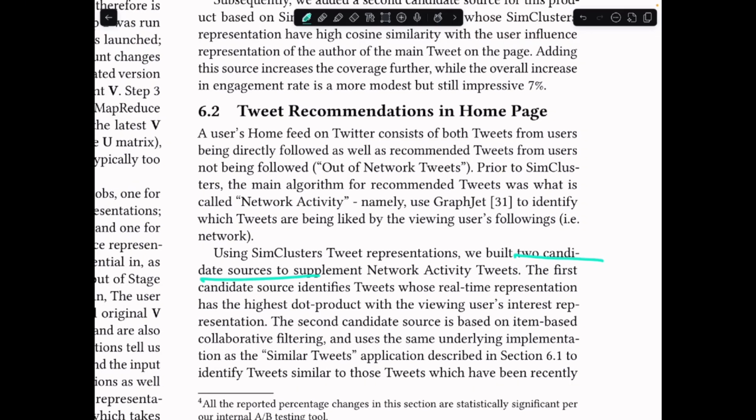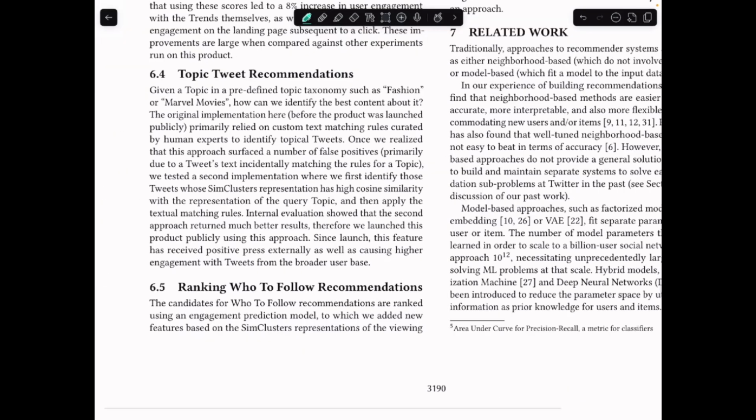Because SimClusters provides a universal representation for different entities, including users, tweets, and topics, you can calculate similarity between all of them, like tweet to tweet, or topic to user, and use them as candidate sources.